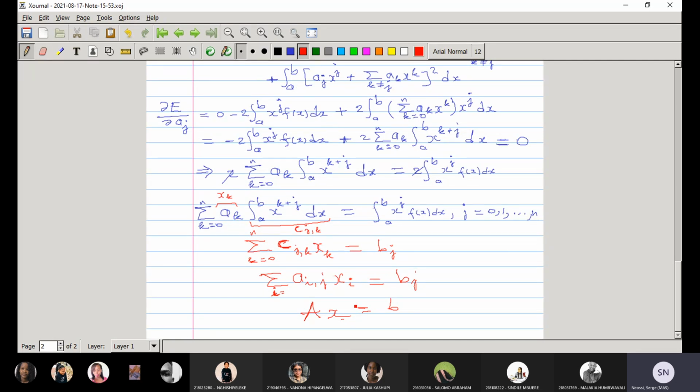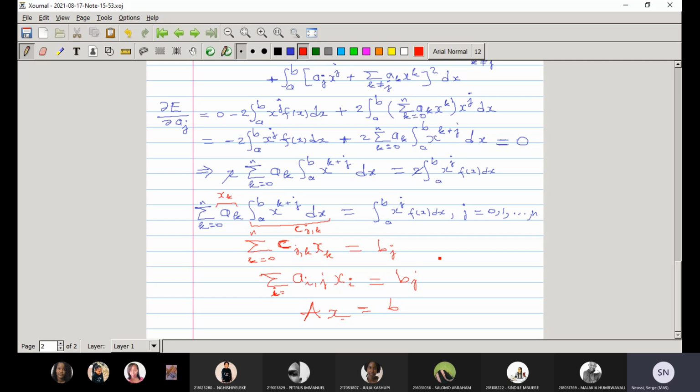If you write it as a linear system, this is how you should identify it. This explanation is just for you to identify that it's actually a linear system in the unknowns, which are our a_k's, and the coefficients are these integrals. They are known. I know this term.